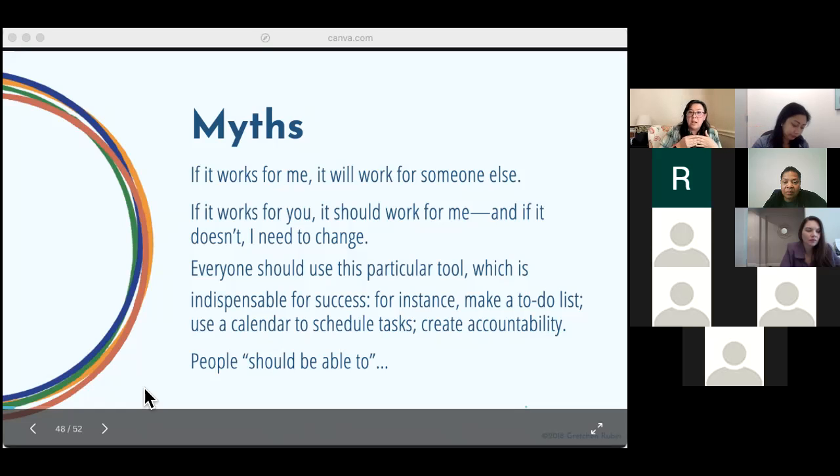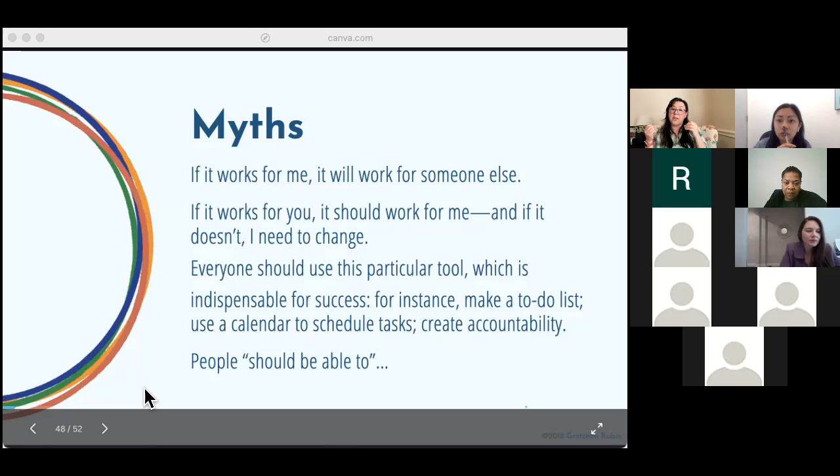Everyone should use X tool. Obviously, that's not necessarily true. People should definitely be able to try lots of things. But that doesn't mean that one thing's going to work really well for everybody else.